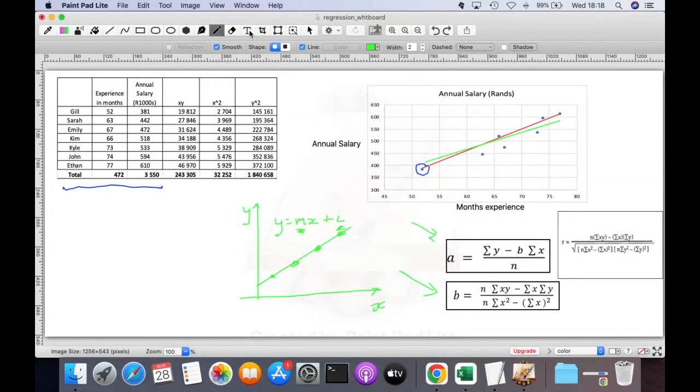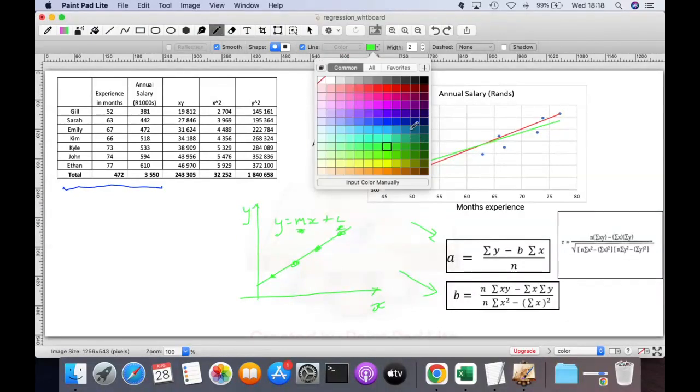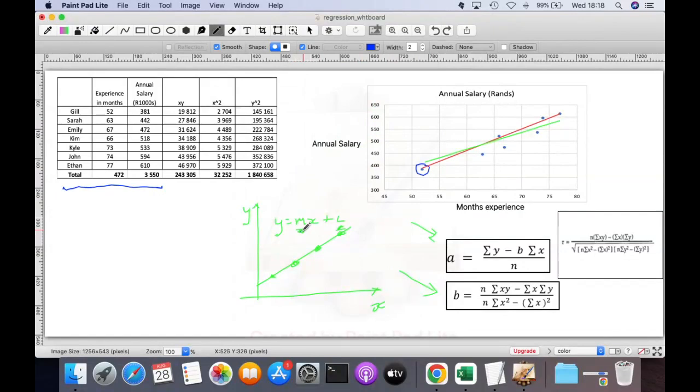So for instance, for this green line, its m value could be 2.8. I'm just thumb-sucking values here. And its c value, this intercept, could be, let's say, 370.